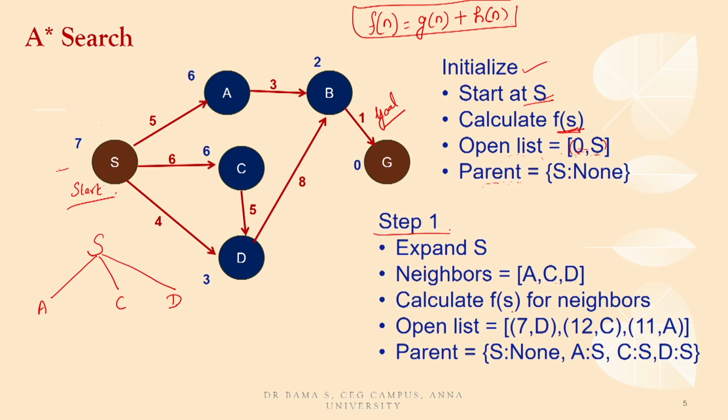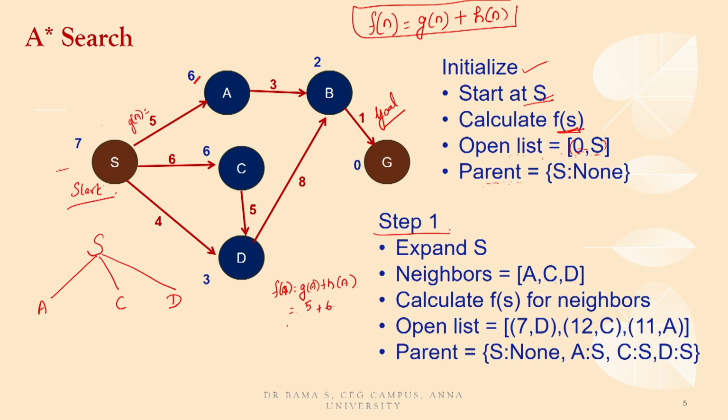So, f of n is going to be g of n plus h of n, or in this case f of A is g of A plus h of A. For g of A, the value is 5 plus h of A is 6.